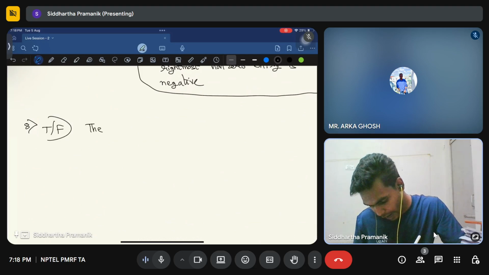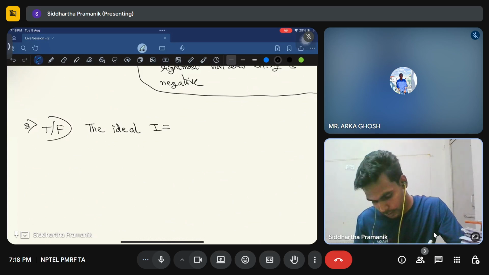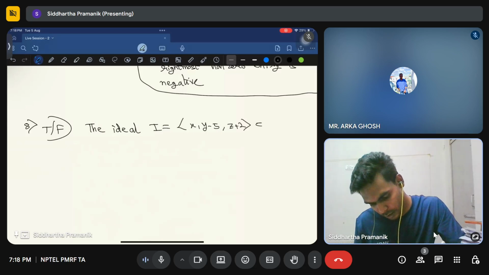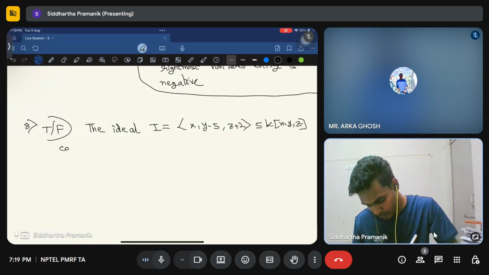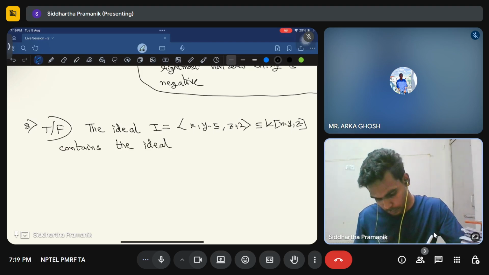The ideal I generated by x, y minus 5, z plus 2 in the ring k[x,y,z] contains the ideal generated by xz plus 2, y minus 5, x square plus y square.